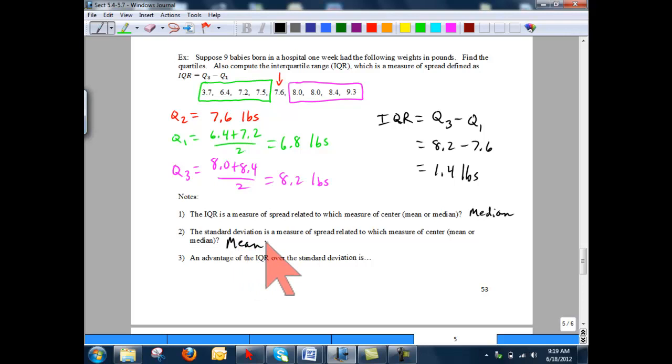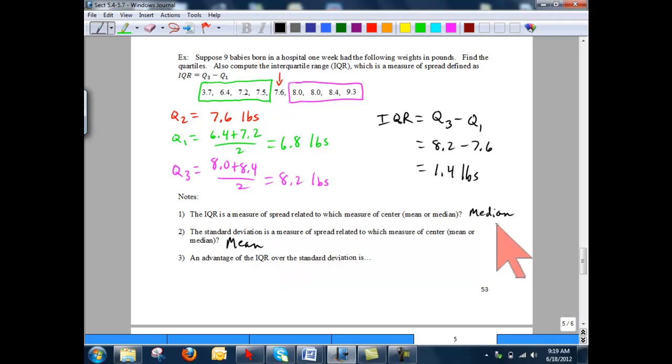And so in real life, when you're reporting summary of data like this, you often give a measure of center and a measure of spread, and they tend to be given in pairs. So if you choose to use the mean for your measure of center, then you typically will choose to use the standard deviation as a measure of spread, and report the mean and the standard deviation.